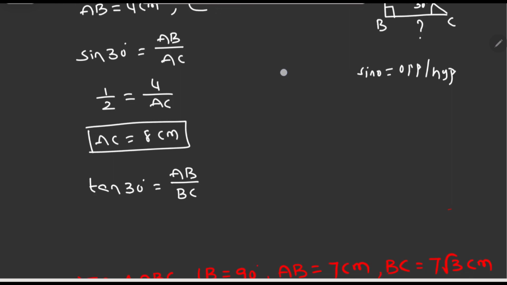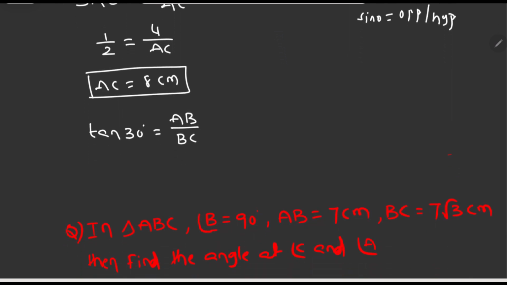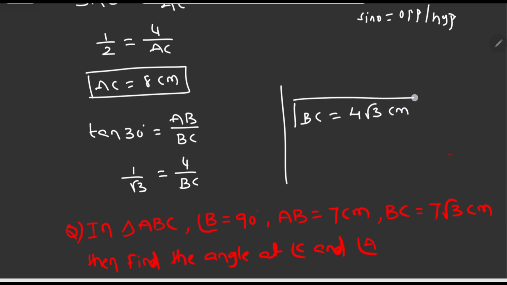Okay. So what is the tan 30 value there? 1 by root 3. So tan 30 1 by root 3 na AB value 4 by BC. So on cross multiplication, BC is equal to, so 4 into root 3 na 4 root 3 centimeter.